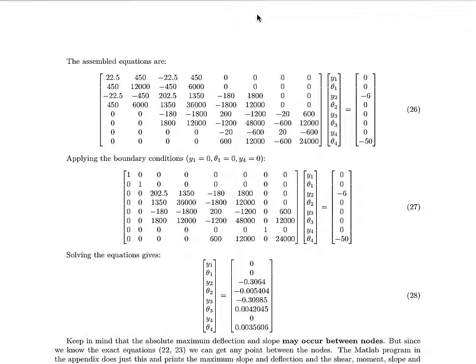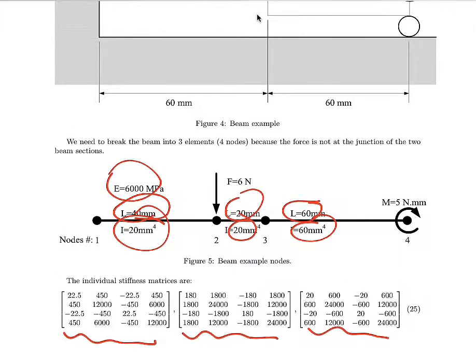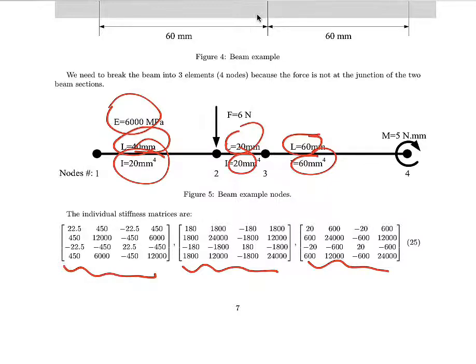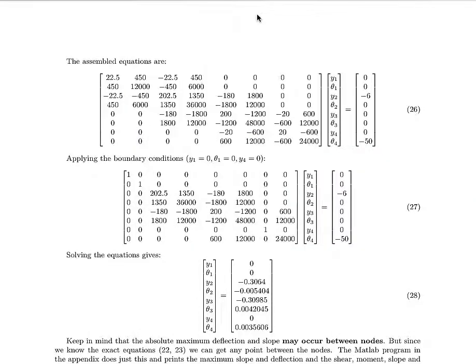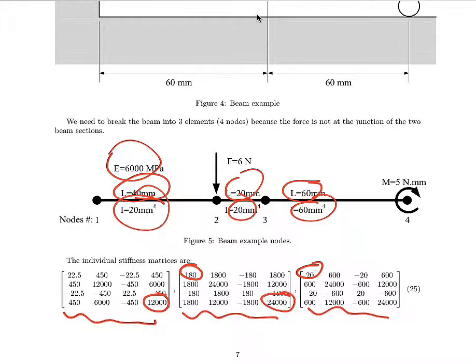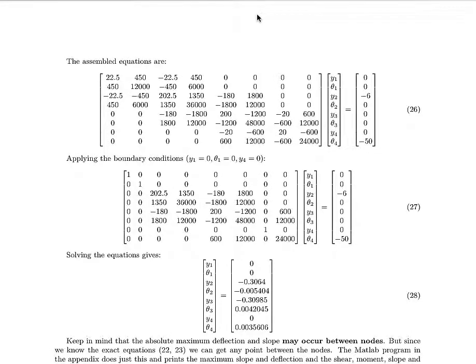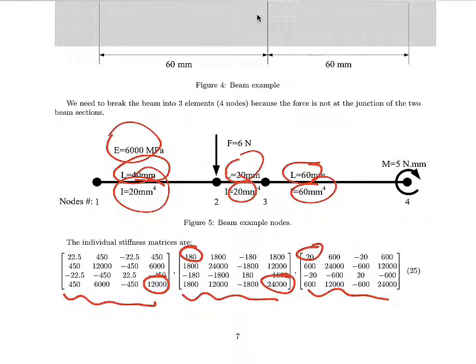And then when we assemble, notice that we just overlay, because this guy has to be sent together with this guy. And the same thing here, 2400 will have to be with the beginning with the 20. So you can see that at the corner that we have here, we have 4 by 4.